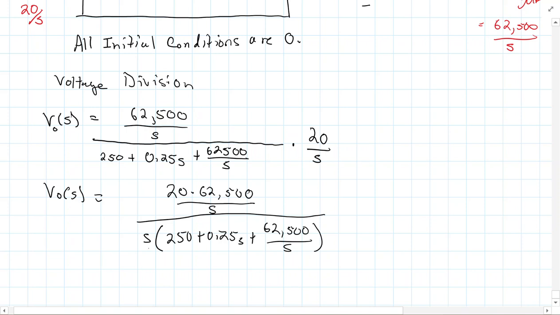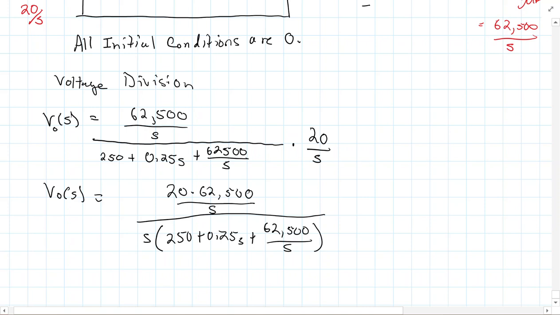Well, just like in some of the previous lessons, at the end we're going to have some F at S, in this case V out at S, and we're going to have to do a partial fraction expansion to get back to the answer. Since I'm multiplying by 20 over S, and this S is in the denominator, it doesn't make sense to multiply through by it, because that's something I could factor out in the end. So that's why I'm going to leave it out in front.